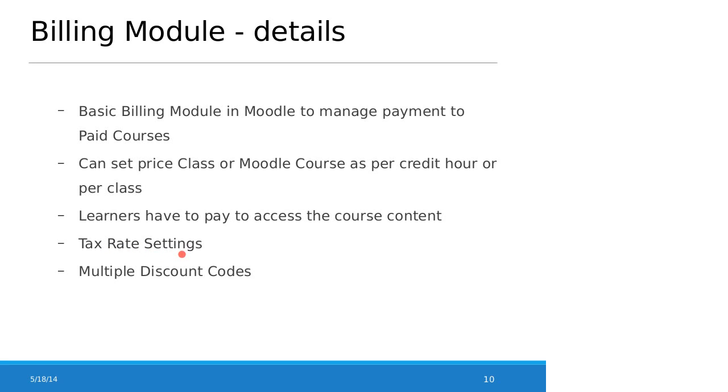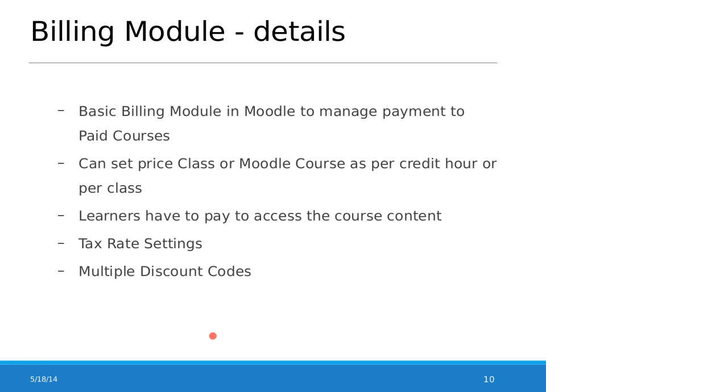Then we also created tax rate settings, because the client wanted to distinguish whether it's a UK student with a certain VAT tax, or a non-UK student with different VAT taxes, and also whether it's funded by the government or not. At the same time, you can have coupons for your classes.